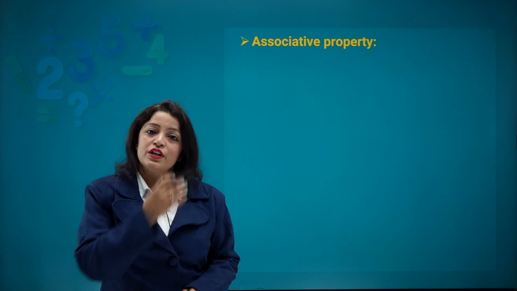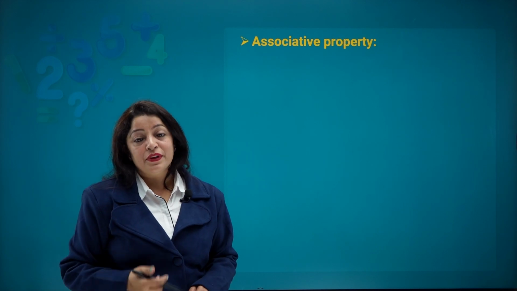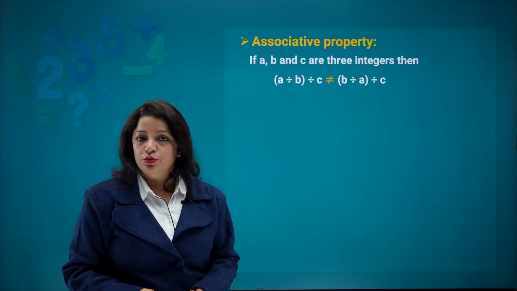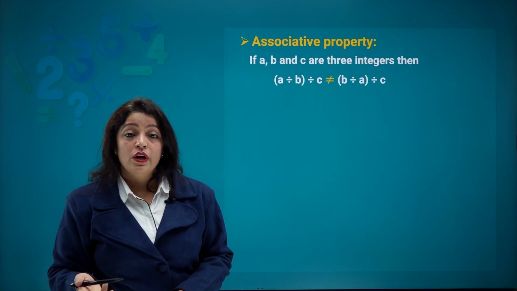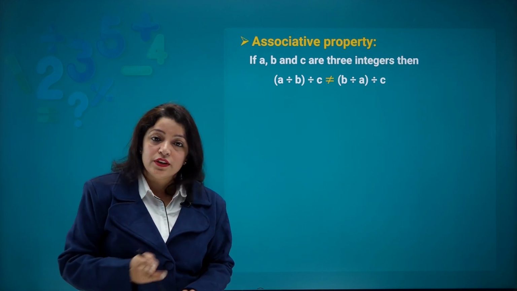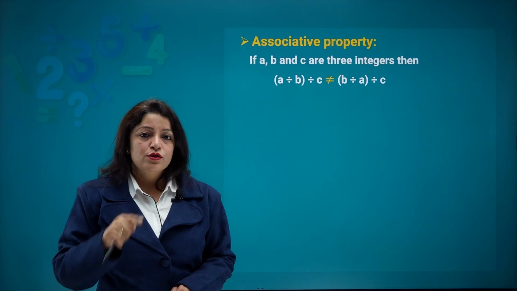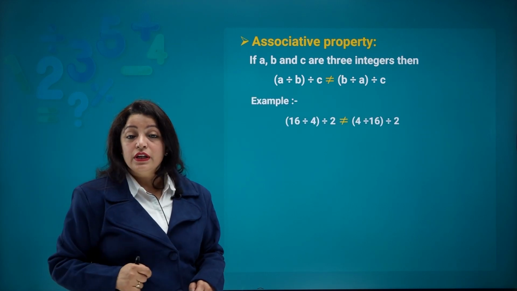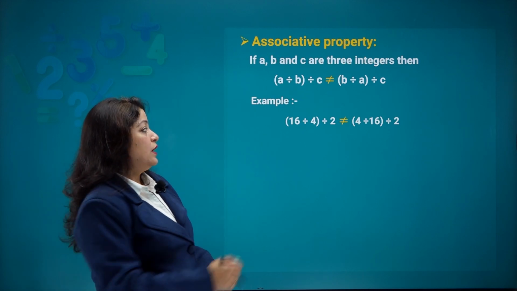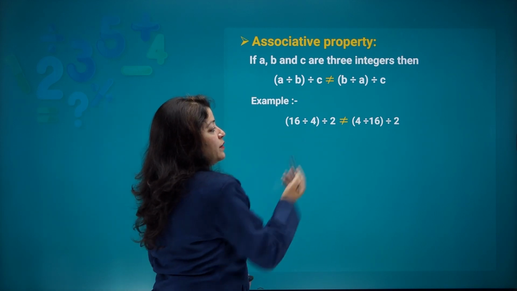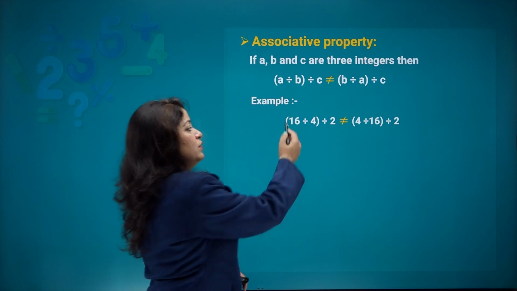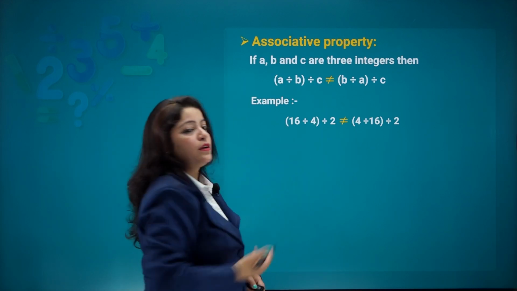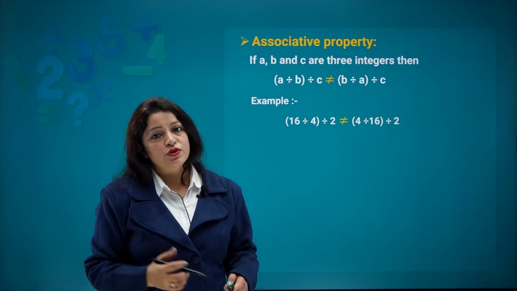Now what about associative property? If there are 3 integers, then also it will not hold true, because if it is not true for 2, how can it be true for 3 integers? So associative property is not true for the integers in their division. Like 16 divided by 4 divided by 2, you cannot rearrange or make groups for division as well.